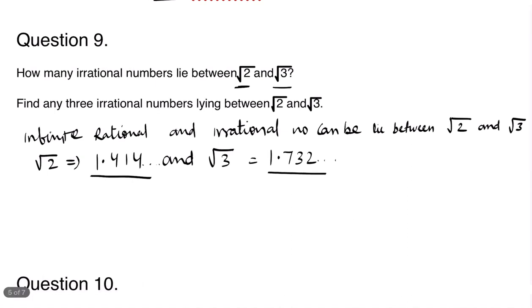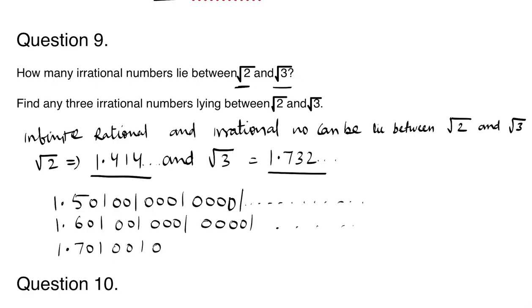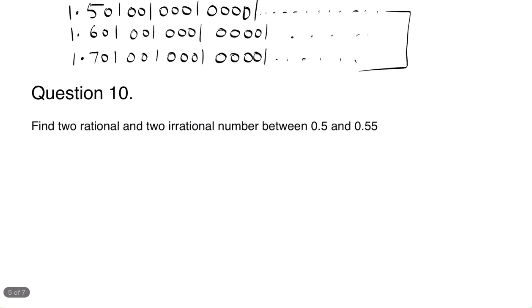Okay, so the numbers can be 1.5010100010001, sorry, one more zero with 1. So these are non-terminating and non-repeating decimals. Also 1.601001000010001. Okay, and 1.70100100001000001. So these are the three irrational numbers between root 2 and root 3.